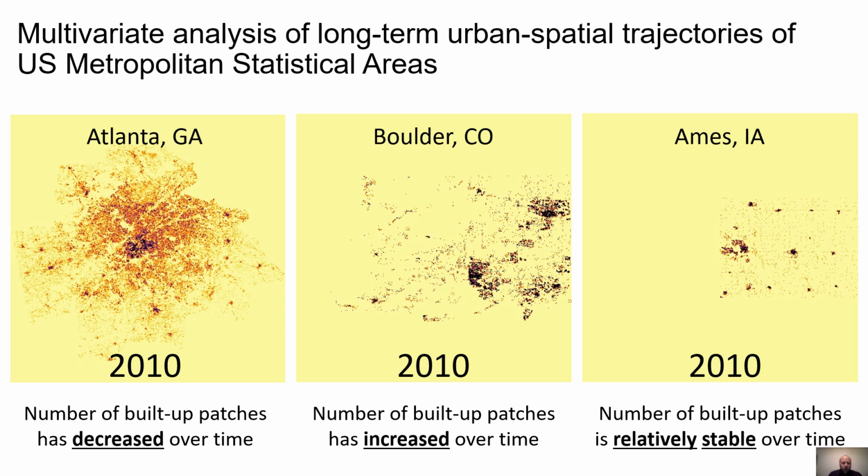So the number of built-up patches is actually a shape-related measure of a city. And whether this number of patches decreases or increases over time tells us a lot about the settlement development over time. So this is an example of a form-related or shape-related measure.